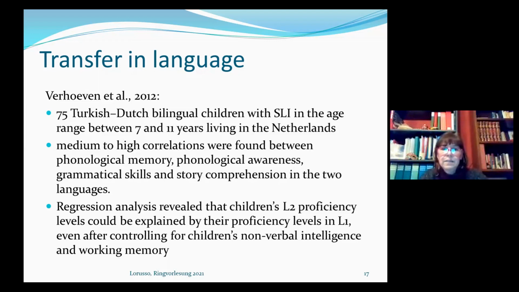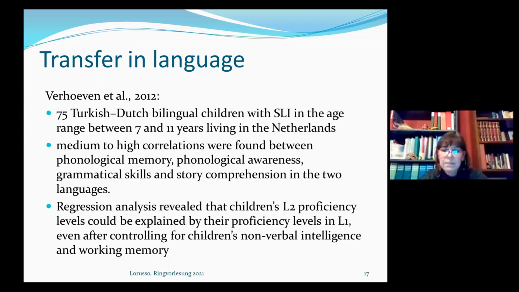And they found medium to high correlations between phonological memory, phonological awareness, grammatical skills, and story comprehension in the two languages. So the two languages are correlated, so they have this common structure that determines and contributes to their correlation.